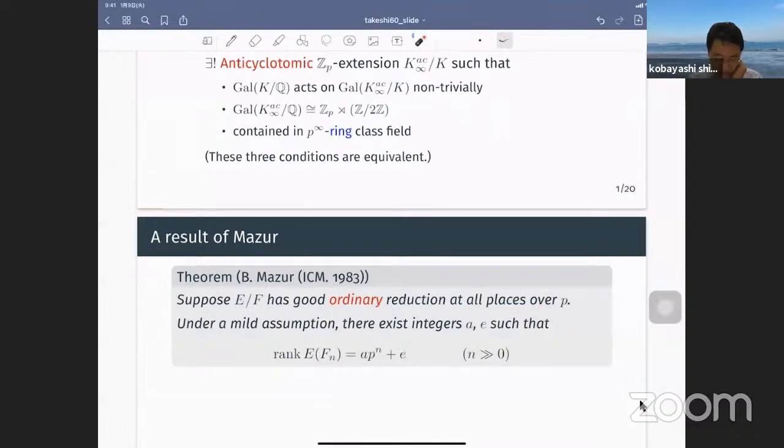And then under a mild assumption, there exist integers a and e such that the rank of the Mordell-Weil group is a times p to the power n plus e for sufficiently large n. So the individual Mordell-Weil group behaves irregularly, but as a system, as a family, it behaves very well.